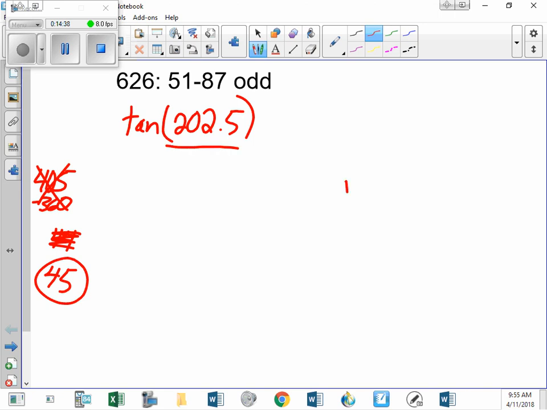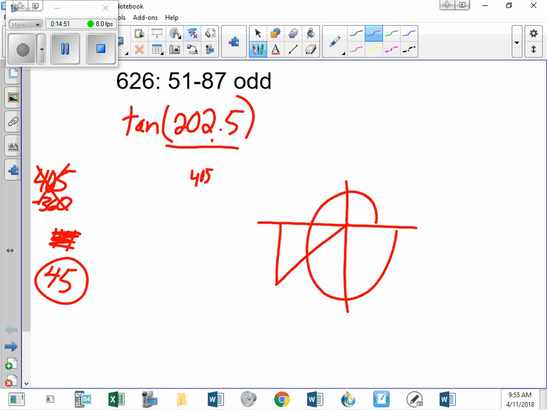This angle right here is in quadrant 3, right? Now, if I double that angle, I get 405, which is in quadrant 1. But I don't want 405, so what angle also lands here? 45.